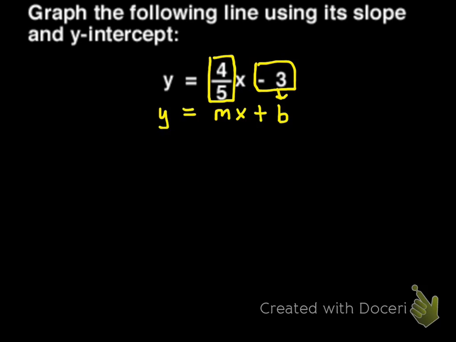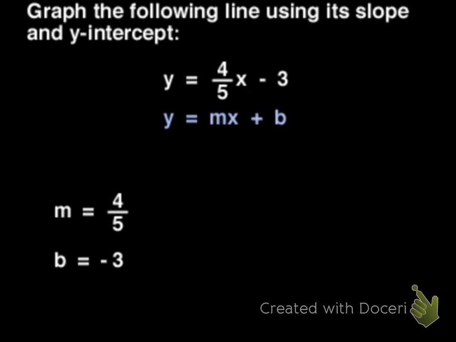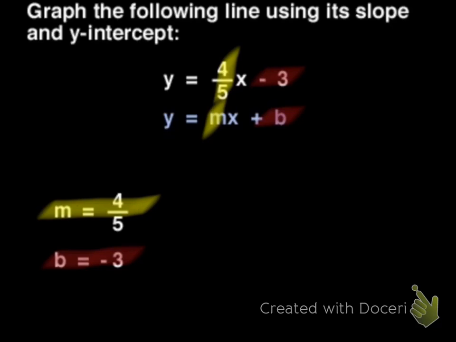So let's look at that. Y equals mx plus b. So my m is 4/5. My b, yeah, it looks bad, negative 3 is b. So b equals negative 3, and m equals 4/5.